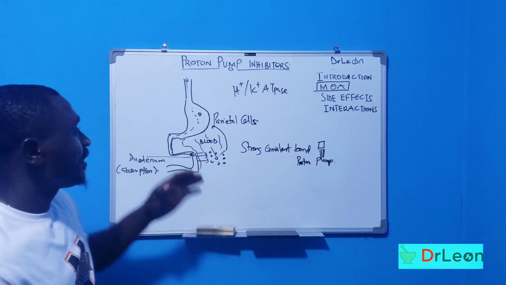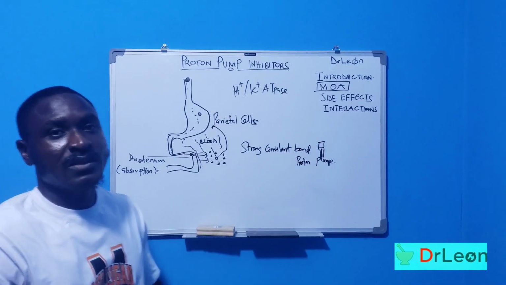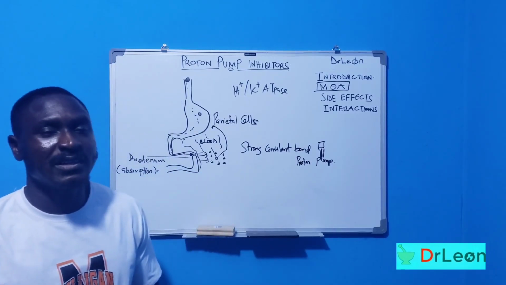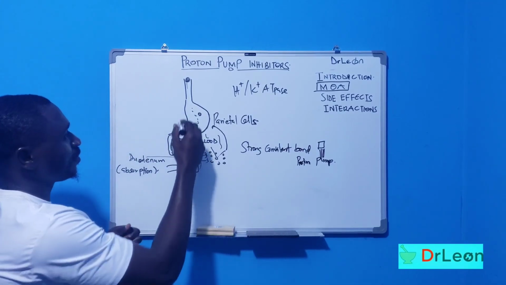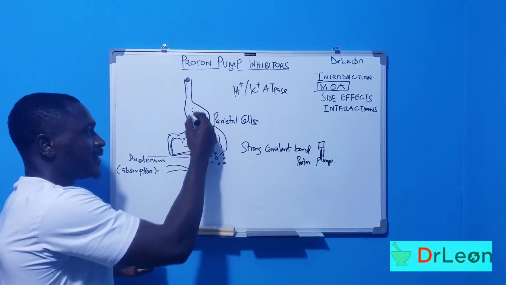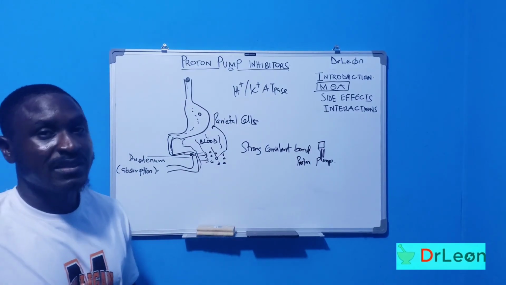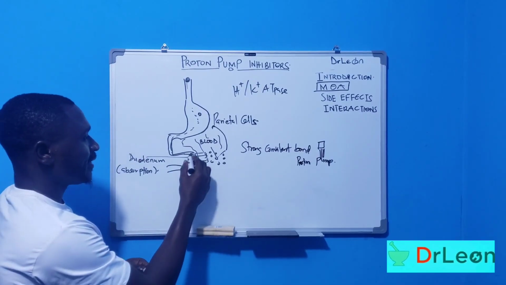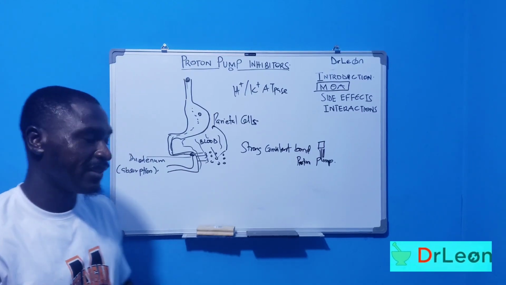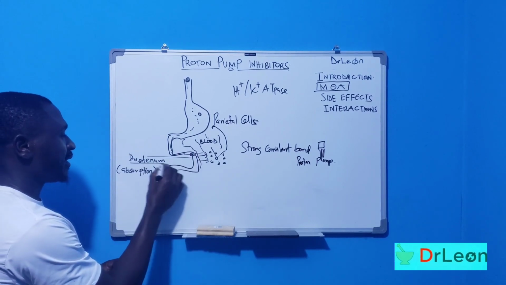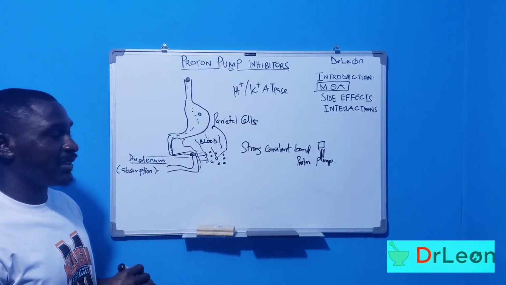When you take in the drug, because these proton pump inhibitors come as enteric coated dosage forms, they are able to travel along the GI tract past the stomach acid, because they can withstand it, and then they get into the small intestine. So the absorption of proton pump inhibitors occurs in the small intestine, basically the duodenum.